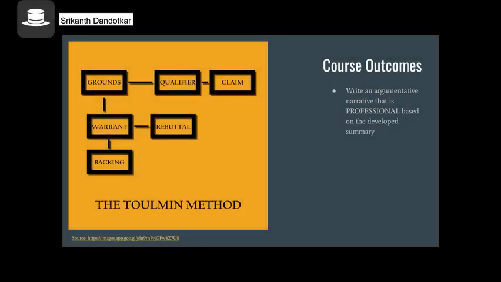Now, we said that the main purpose is to answer a question in the real world based on the data that is available by going through the 6 steps that we looked at earlier. And eventually, you will write a professional style narrative, an academic narrative. For that, we use Toulmin's model of the narrative, which includes a claim, a reason, and a warrant backing.